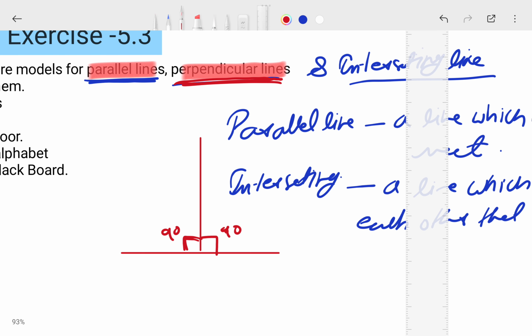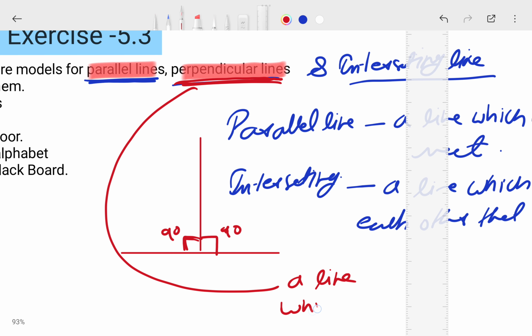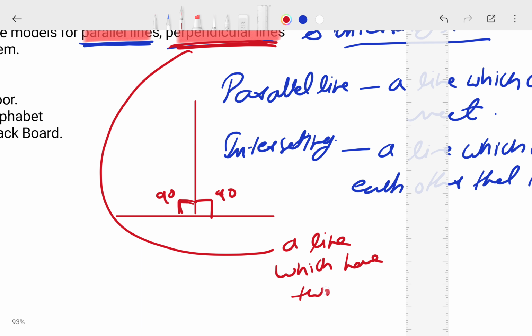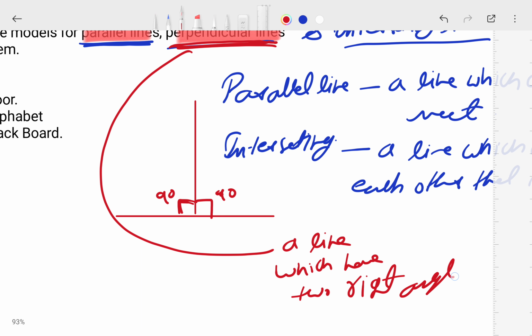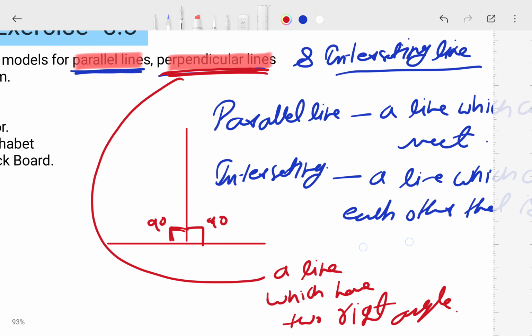Perpendicular line means a line which has two right angles, like this is a line and it has one right angle here, and here also one angle, so there are two right angles. That is a perpendicular line.